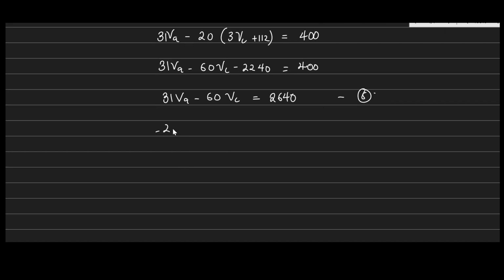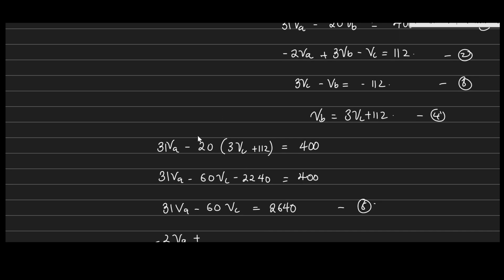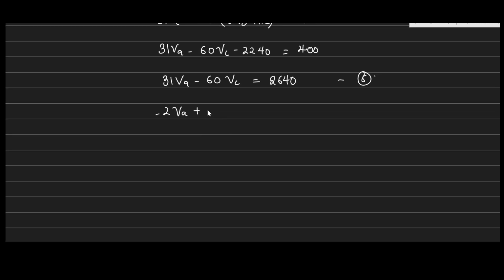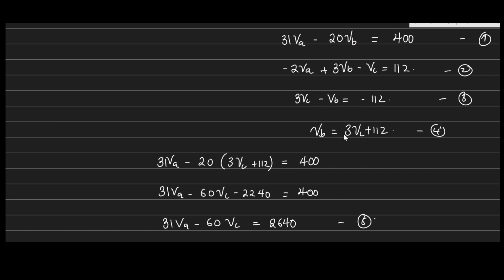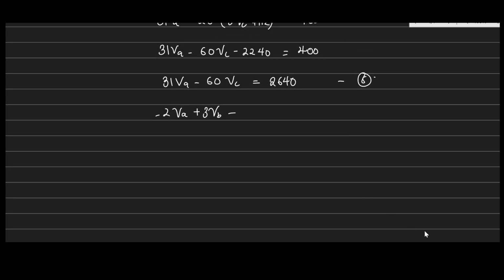So minus 2VA plus 3VB minus your VC here. What is VC? Oh, actually VB is there, right? It's the one we're supposed to substitute. 3VB.